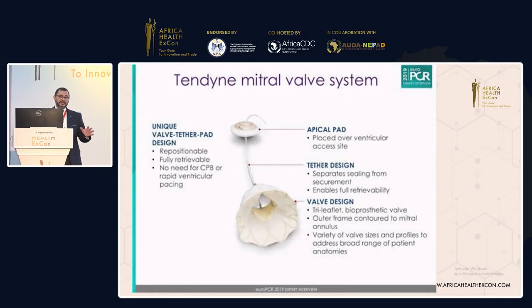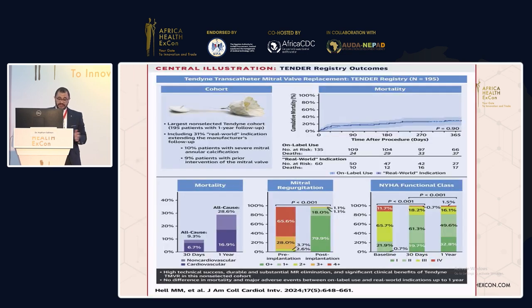And mind you that severe mitral regurg is a totally separate entity that contributes to heart failure and prevents the improvement of heart failure in patients. So the transcatheter mitral valve replacement or the implantable mitral valve reduces the symptoms of the patient, reduces the negative remodeling, and increases the survivability of the patient.